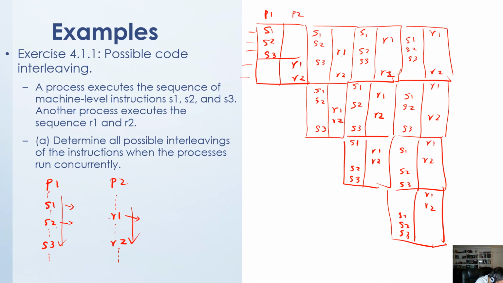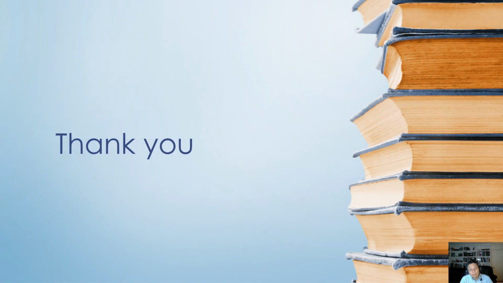So how many different possible interleavings? These are all the possibilities. So how many? 1, 2, 3, 4, 5, 6, 7, 8, 9, 10. There are 10 different possible interleavings. Okay. Thank you.